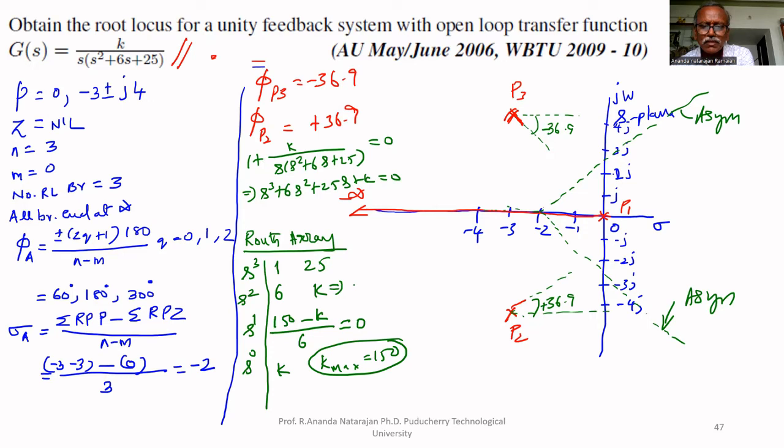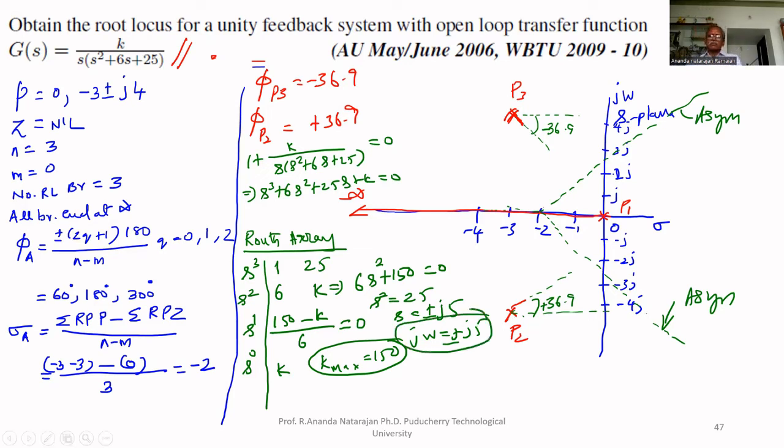Substitute in this, we will get 6s square plus 150 equal to 0, or s square equal to minus 25, s equal to plus or minus j5, or j omega equal to plus or minus j5.